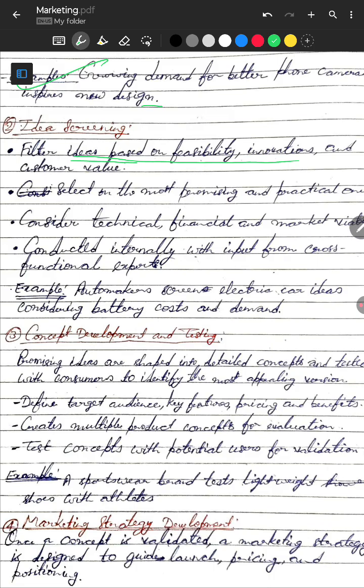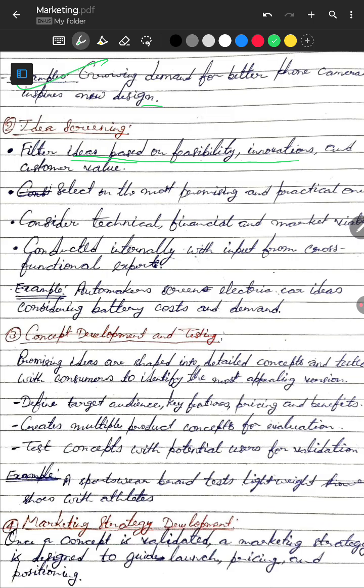Whether we can implement the idea to make a physical product that can be used to solve the customer's problem should be filtered out in this second stage, based on feasibility, innovation, and customer value, and whether the idea from the first stage adds some value to the product or to the life of the customers. According to that, we can filter out the ideas which are more valuable and more feasible.